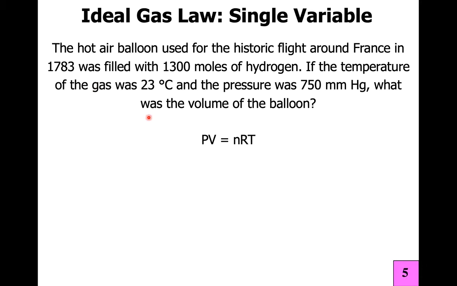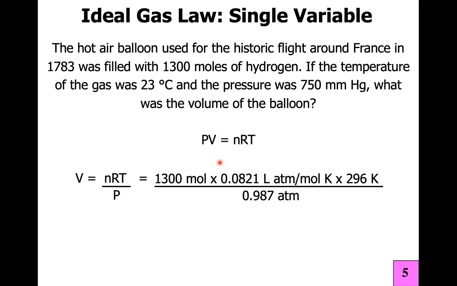And also I'm not changing anything, so I have one and only one temperature, one and only one pressure, and so I can plug in my pressure, my temperature, my number of moles, the gas constant, and solve for the volume. And I do that here. Those units cancel appropriately, and we're left here with a volume.